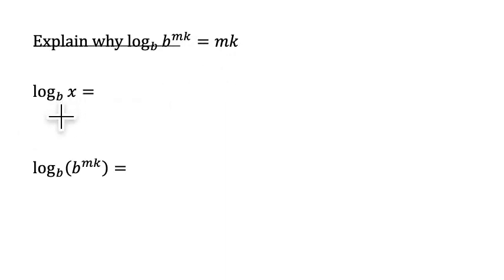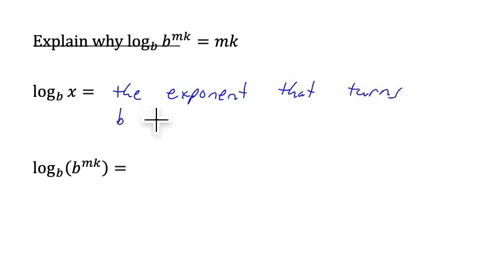Now let's think about what log base b of x equals. Well, it equals the exponent that turns b into x. So the log base b of b to the power of mk, that equals the exponent that turns b into b to the mk.